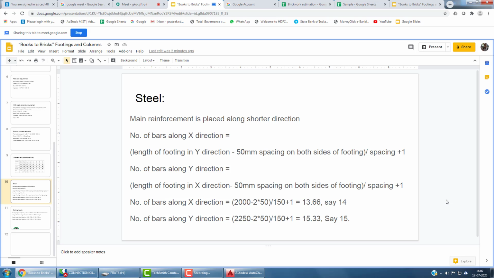I am repeating again, please listen. X direction 1.75, Y direction 1.25 footing size, and the spacing of bars is 125 mm.